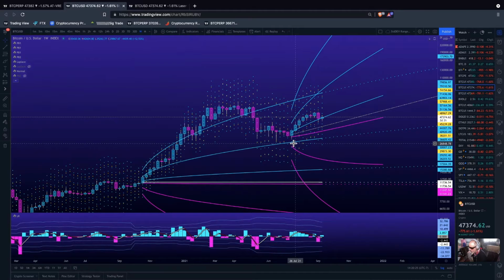So from this bottom down here at 20, we did start making a run for this 95.4% level, but it didn't quite make it. But now you can see the top side of the 68.3.